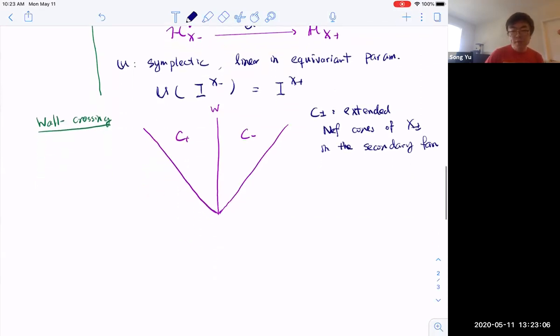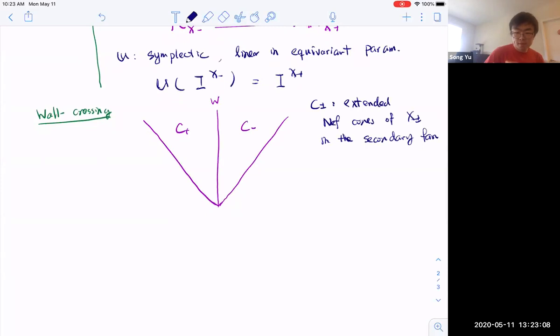So we're zooming into some local place in the secondary fan. From just this picture with two top-dimensional cones which share one codimension 1 face, we can have a toric variety M_B.